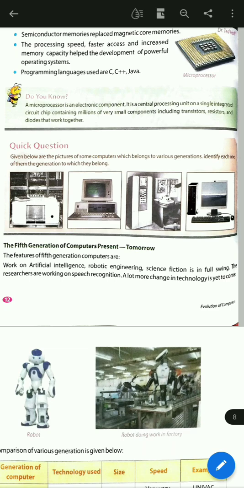Next is science fiction. Science fiction deals with imaginative and futuristic concepts such as advanced science and technology like exploration of space, time travel, parallel universe, etc. So students, this is all about the fifth generation of computers.